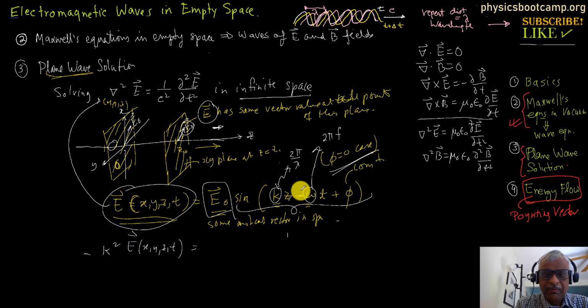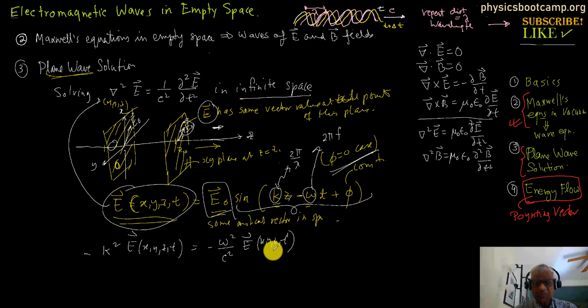And over here it picks up a minus omega and another minus omega. So you have a minus omega square over c square times E of x, y, z, t.